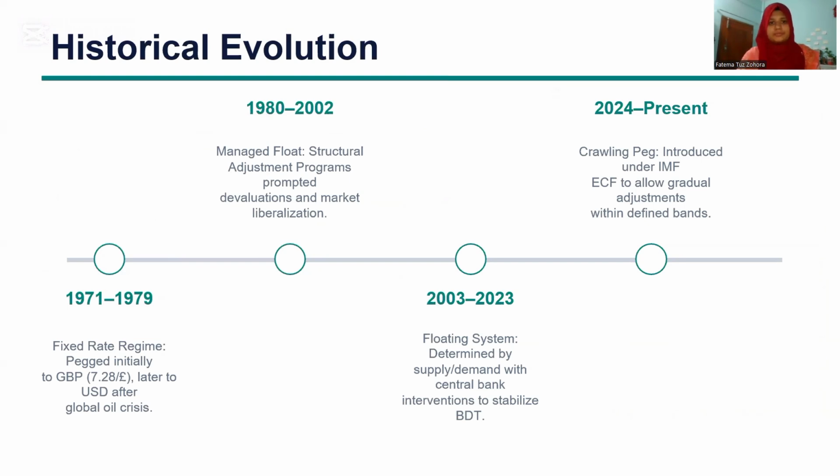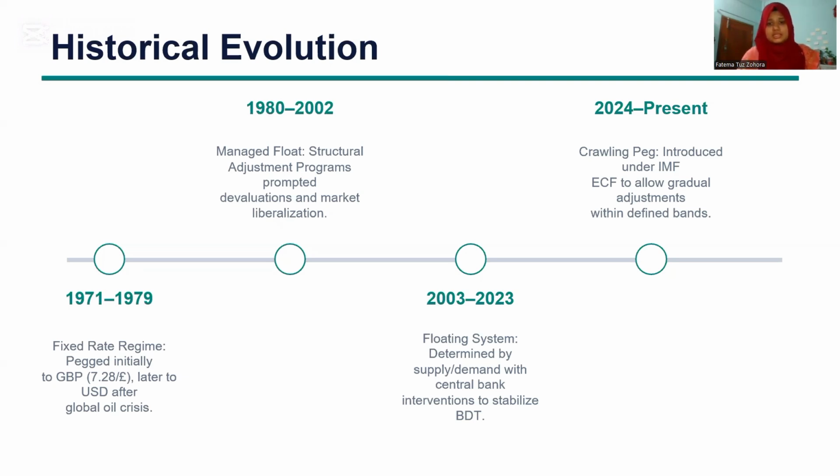Historical evolution. In 1971 to 1979, a fixed rate regime, pegged initially to GBP at 7.28 per pound, later to USD after the global oil crisis. 1980 to 2002, managed float: structural adjustment programs promoted devaluations and market liberalization.